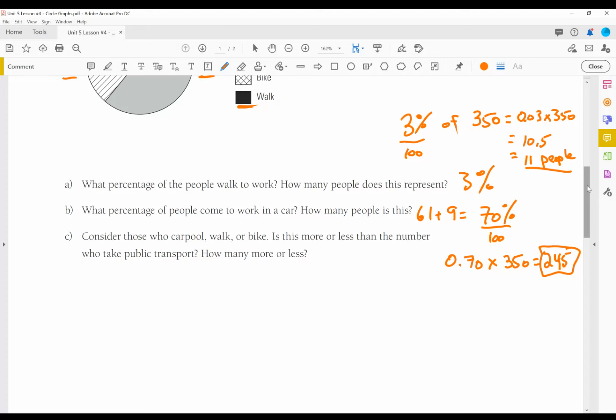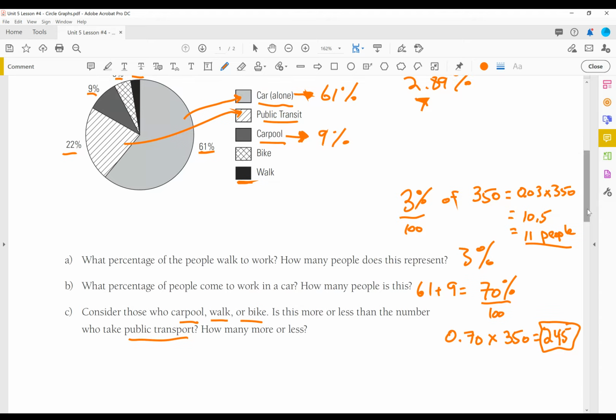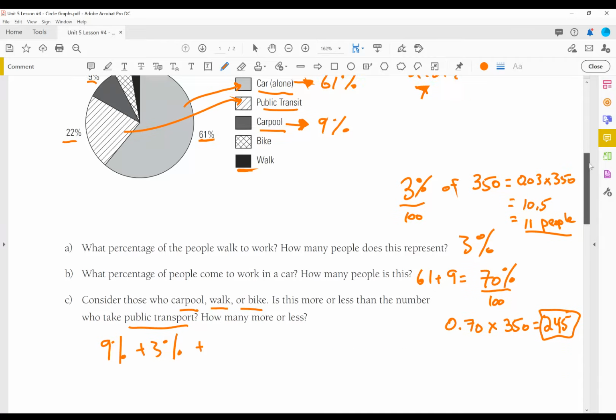C says, consider those who carpool, walk, or bike. Is this more or less than the number who take public transport, and how many more or less? All right, so a little bit more math here. Carpool, walk, and bike together. Carpool is 9%. Walk is 3%, so plus 3%. And bike is, if you go back up to the graph, 5%.